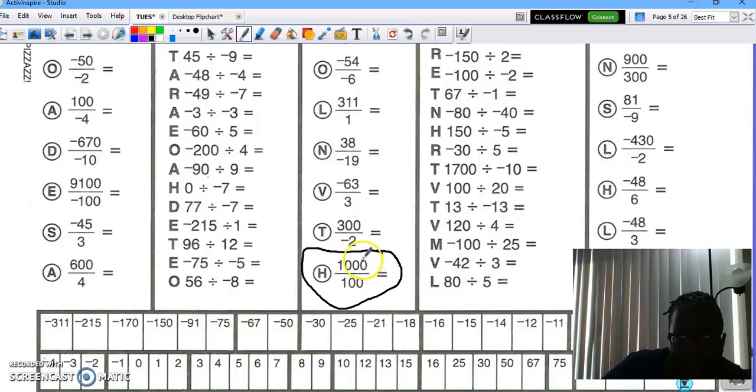Here we go. That will cancel out. These will cancel out. But then I have an uneven amount, so that one needs to stay. But it makes it a whole lot easier because what I'm looking at is this. 1 will go into 10. How many times? 10. Voila. And my answer is positive because I have a positive divided by a positive.